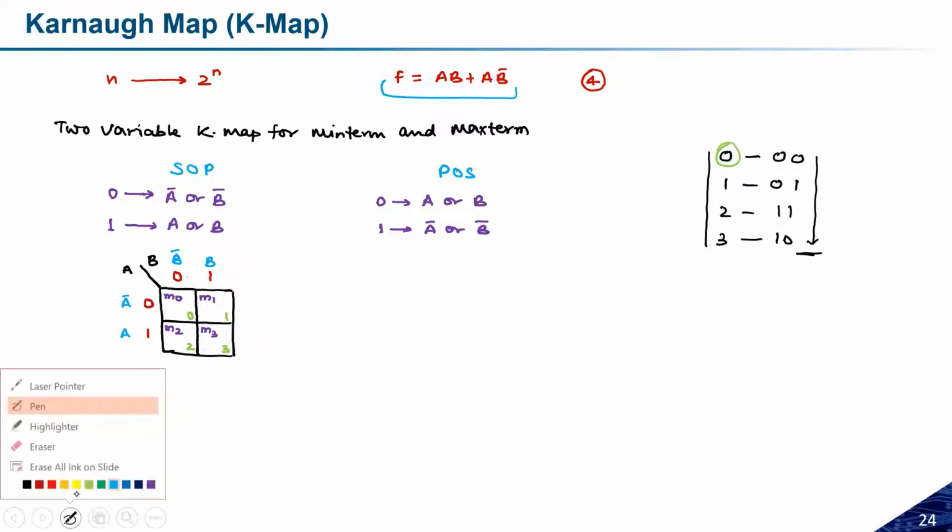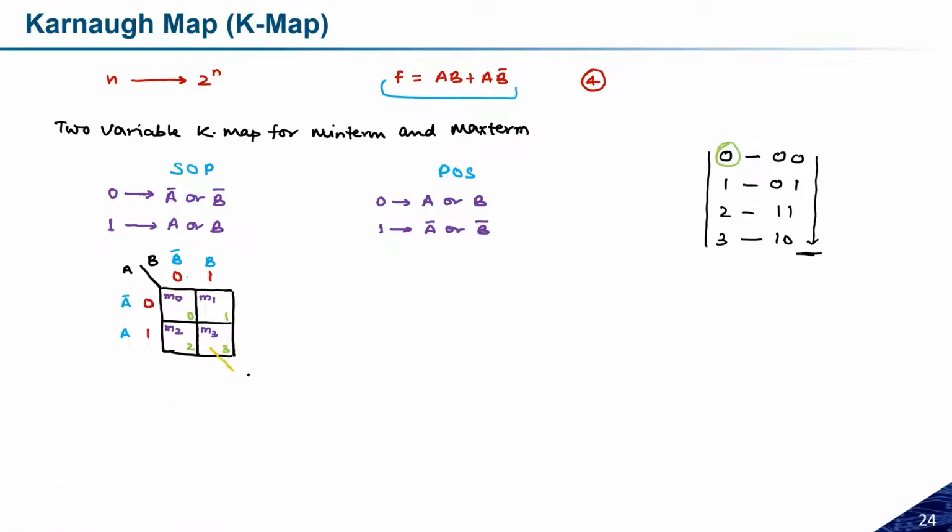So this cell indicates AB, this cell indicates A B bar, this cell indicates A bar B bar, and this cell indicates A bar B. This is how we can indicate it.